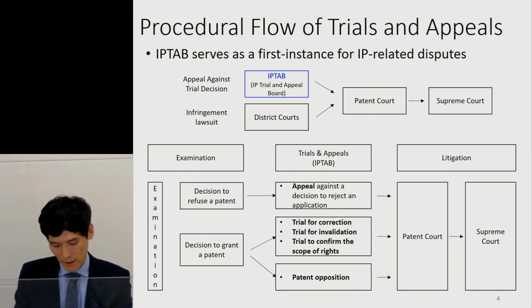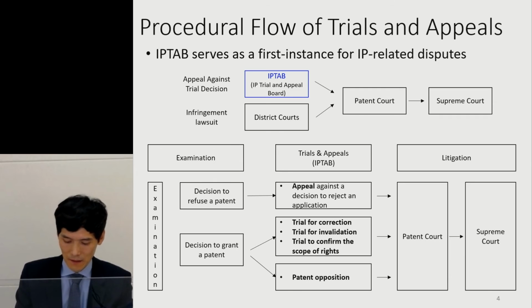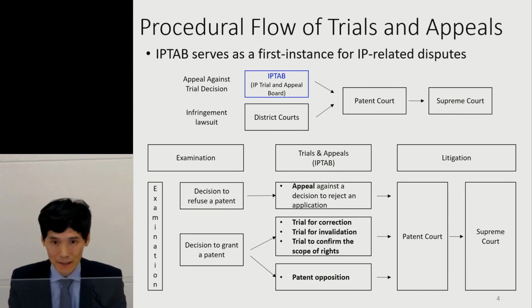IPTAB deals with an appeal against a decision to reject an application, trial for correction, trial for invalidation, trial to confirm the scope of rights, and patent opposition. Next, please.